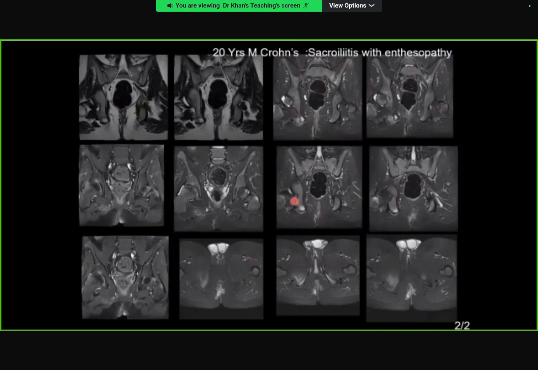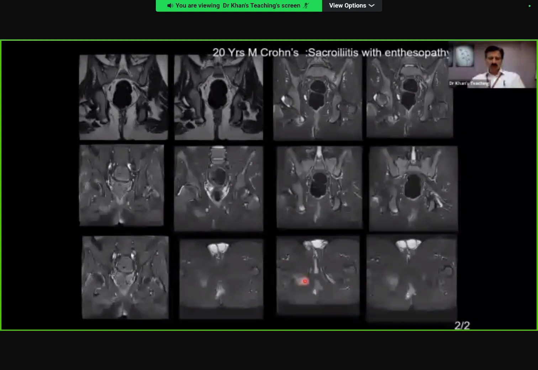So on these three axial STIR sequences, they're through the lower pelvis. So what is this bone and what is this bone?